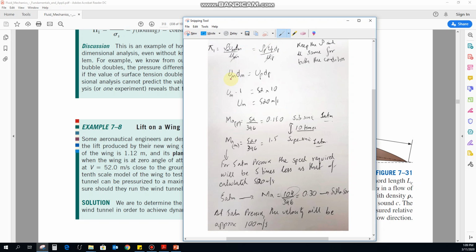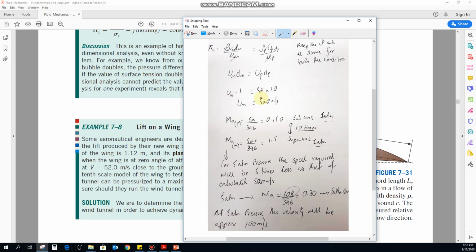So the equation that we get here, that is the velocity for the model, dm is the size of that airplane wing or the length of the airplane wing. On the right hand side we can have the velocity of the prototype, dp represents the length of the airplane wing. So the ratio between the scale of the model is 1:10. So if the model is 1, the prototype can be 10.